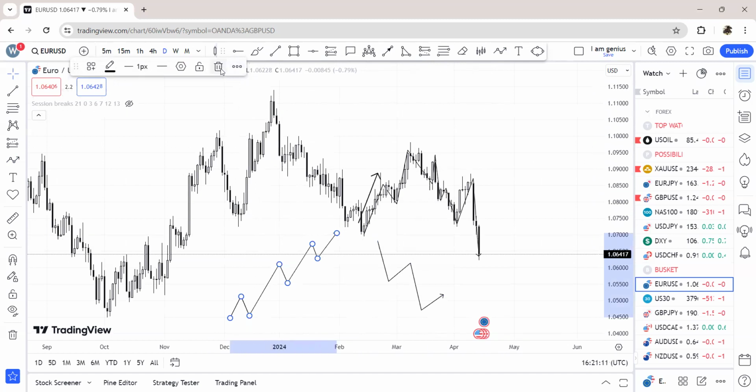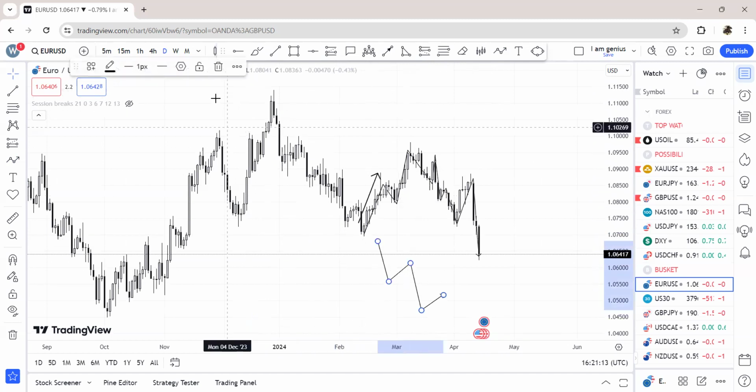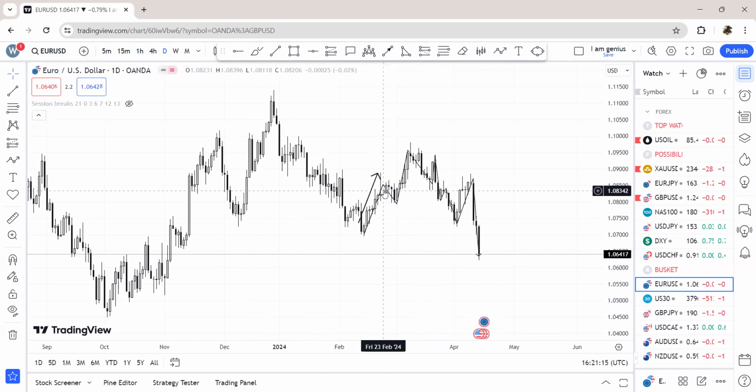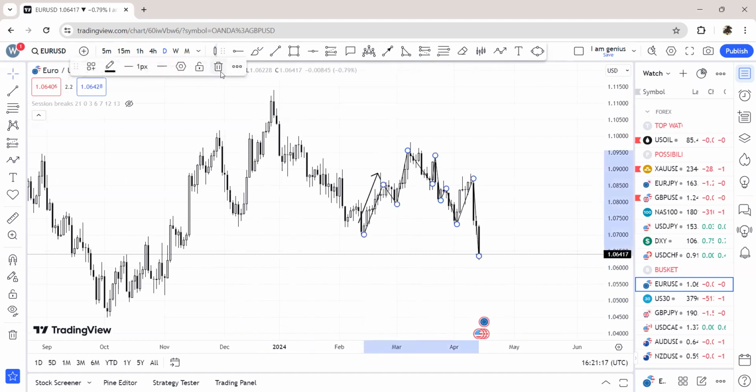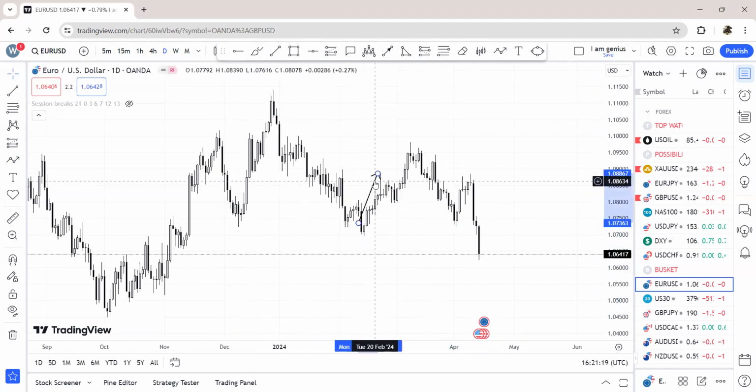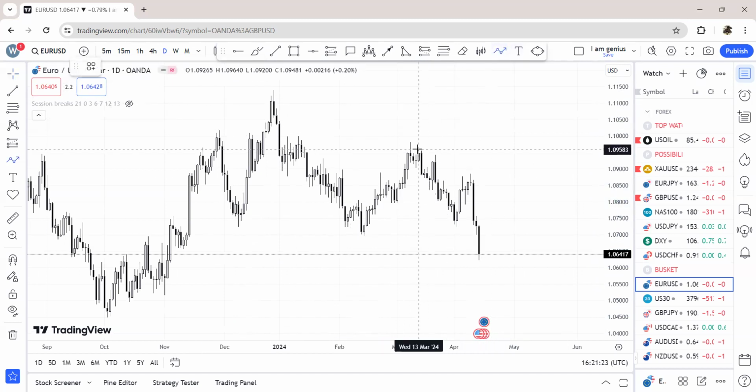So I can remove this. According to what I've just done, you can easily tell that this market is in a downtrend, because look at this downward move, a push up, another downward move, a push up, then that downward move.